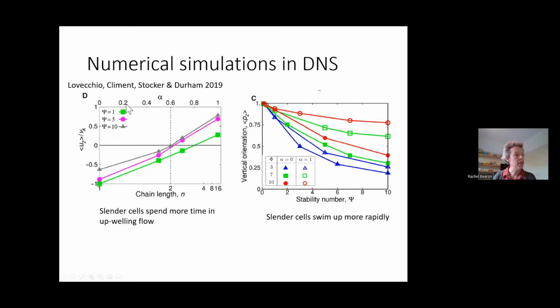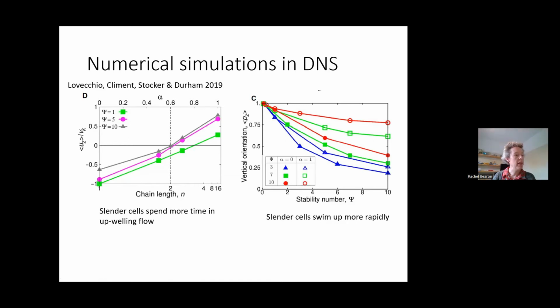And for different values of the stability number, which can correspond to increasing values of shear, they computed the vertical component of the fluid flow. So this is how much cells are being transported upwards by the fluid, normalized.